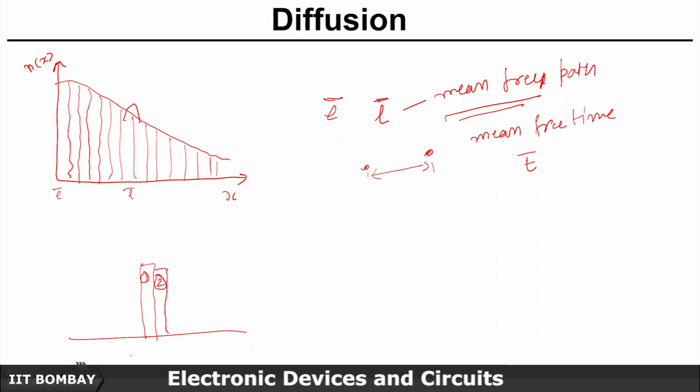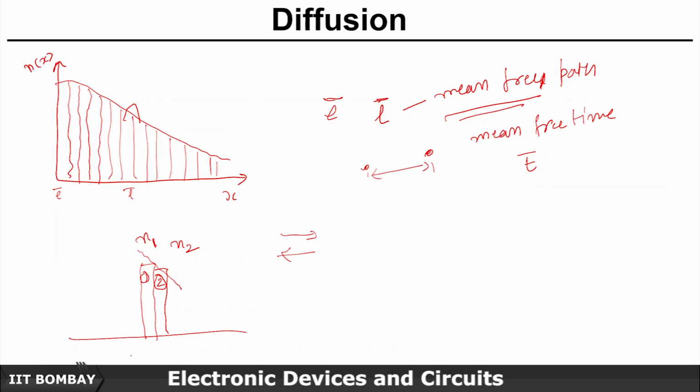Let N1 be the density of charge carriers in region 1 and N2 in region 2. So there is a gradient between N1 and N2. Charge carriers will move from the N1 region to the N2 region because of the concentration gradient. But we need to keep in mind that there is an equal probability of movement in either direction: they can move from region 1 to 2, and there is also a probability from region 2 to 1.